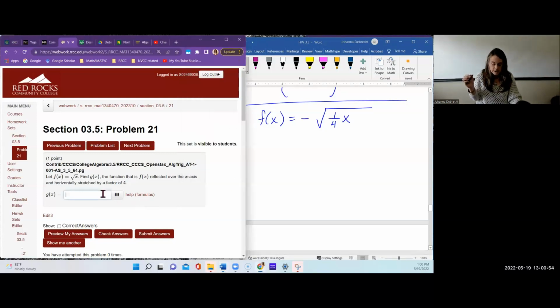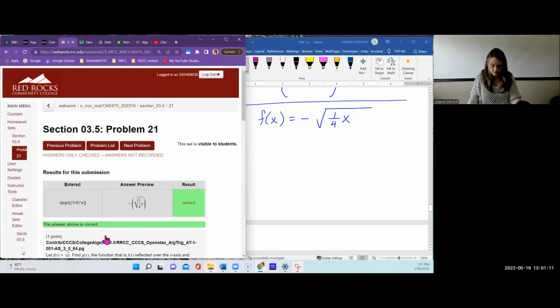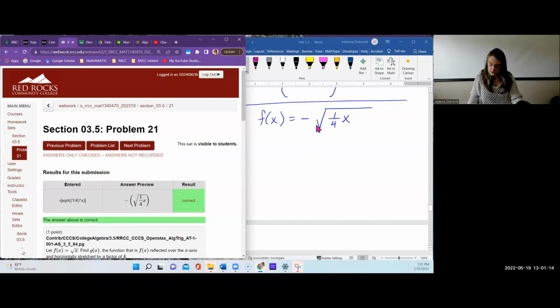Let's type that in and make sure that our preview matches what we think it is. Let's put the 1/4 in parentheses so it knows to divide 1 by 4 and then multiply by x. Yes, that does look like what I wrote here, and that is the correct answer.